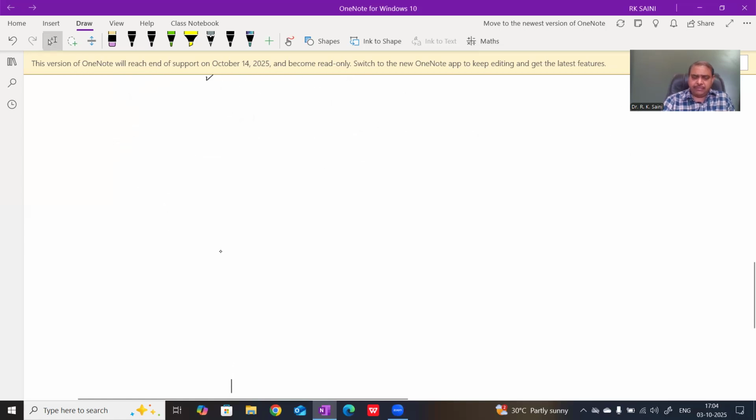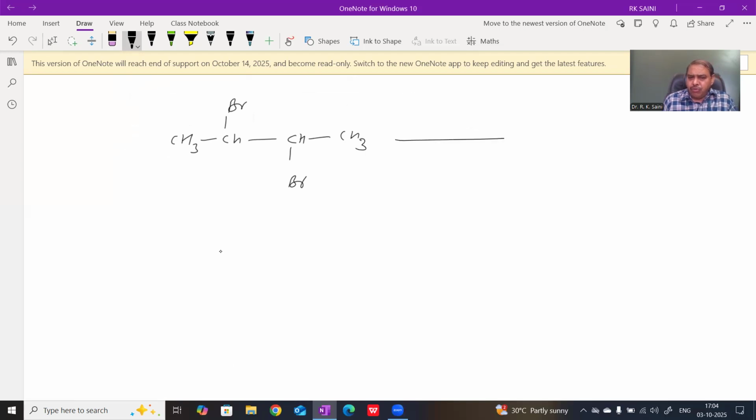Another question: removal of bromine, halogenation, vicinal dihalide. A vicinal dihalide is another example of the E2 mechanism. For example, 2,3-dibromobutane is treated with zinc dust, zinc copper couple, and on heating, or this reaction can also be carried out with magnesium powder.